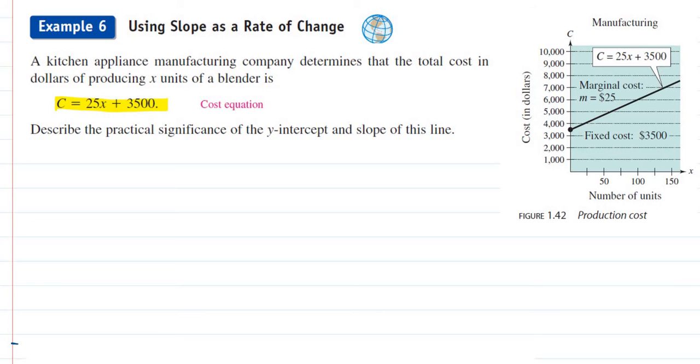So let's talk about this for a minute. This is going to be the total cost of manufacturing, right? This is the price per item, and this is going to be our starting expenses.